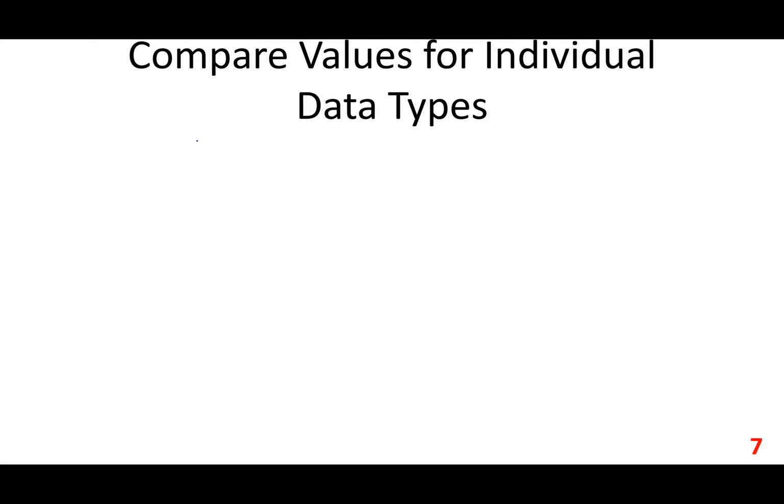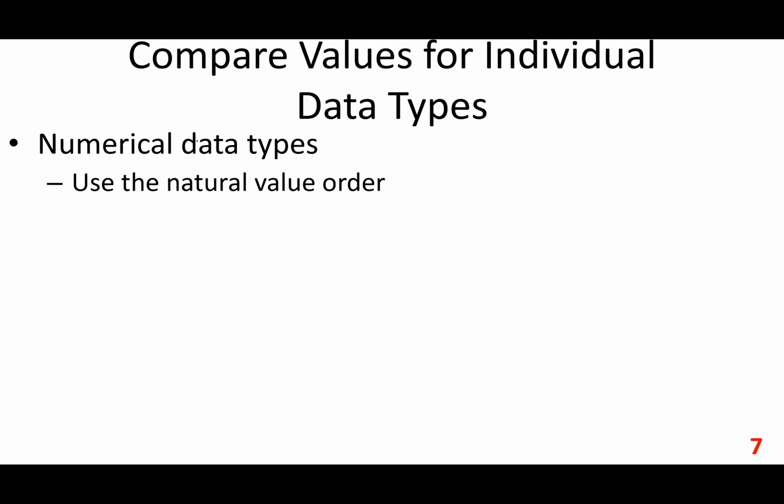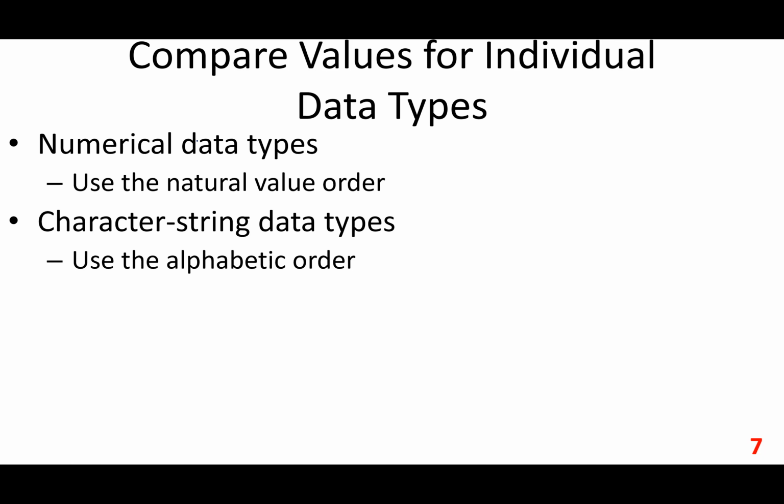Here we need to know the natural order. For the numerical data type, that's easy, the natural value order. For the character string data type, also a natural order, alphabetic order.